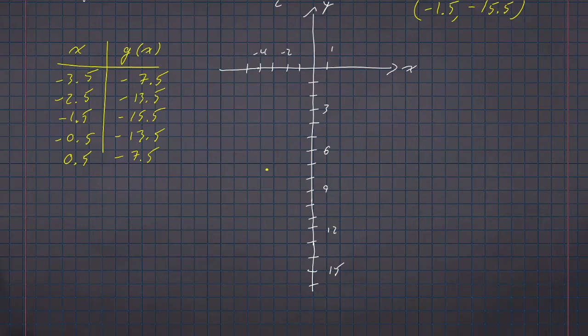We've got -2.5, -13.5, which is about there. -1.5, -15.5 is here. -1/2, -13.5 is here. And +1/2, -7.5 is right there. All right. So our picture of our parabola looks something kind of sort of mostly like that.